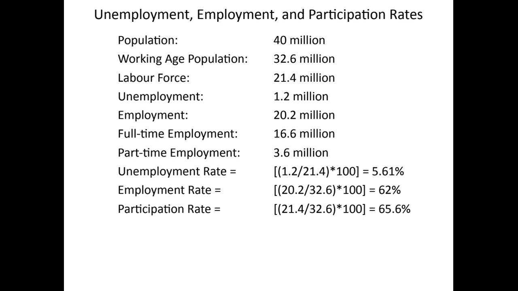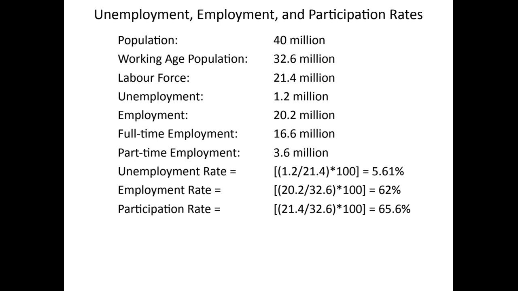That is 21.4 million workers in the labor force, and then we divide this by the working age population, that is 32.6 million. So 21.4 divided by 32.6 times 100 will give you 65.6%.